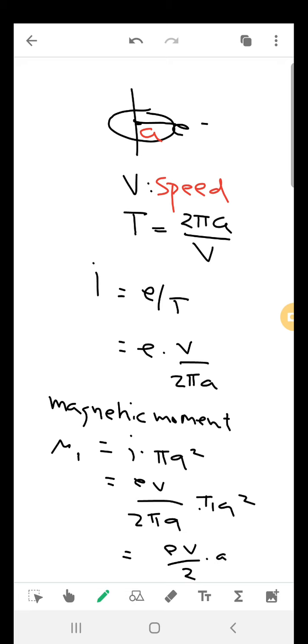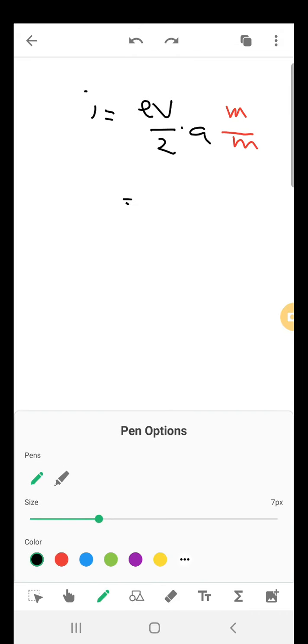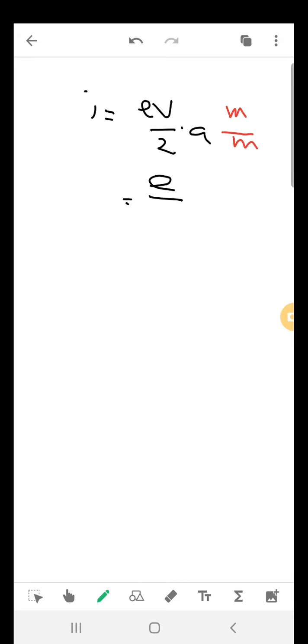So continuing, mu is equal to EV by 2 into A, and if we multiply by the mass of the electron above and below, so we add here M by M, and we write it again as E by 2M into MVA.